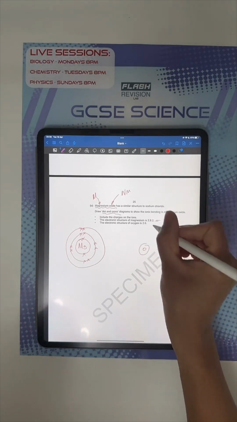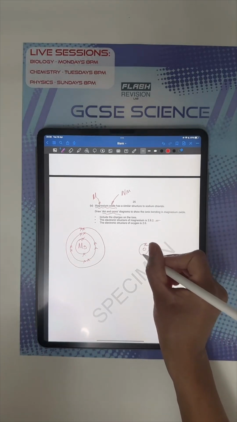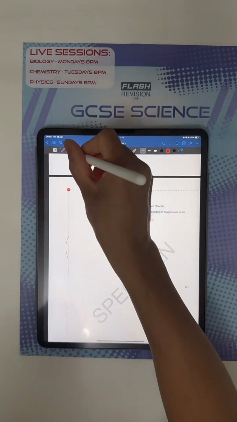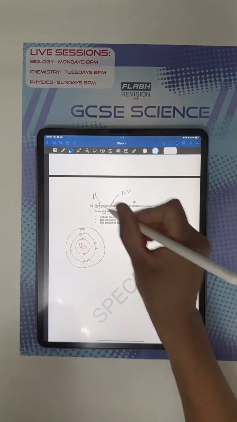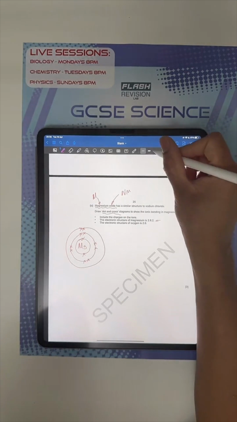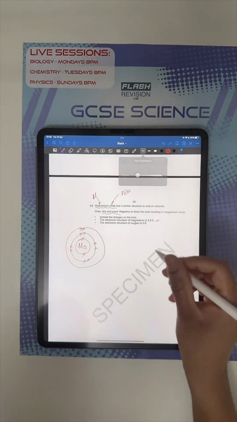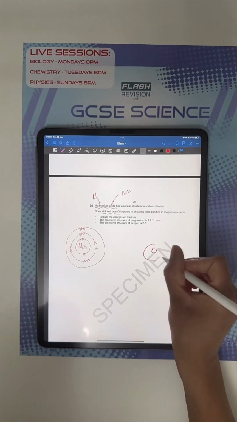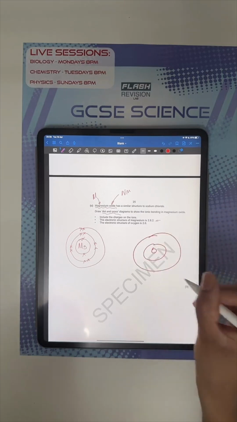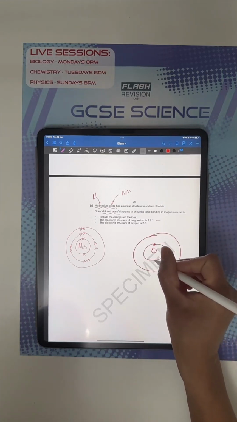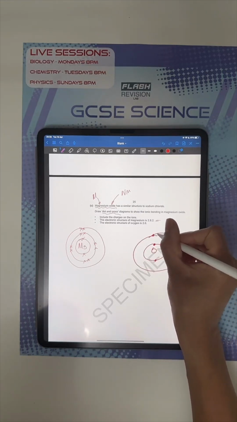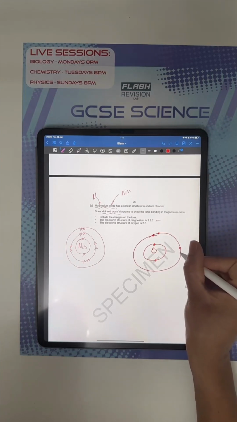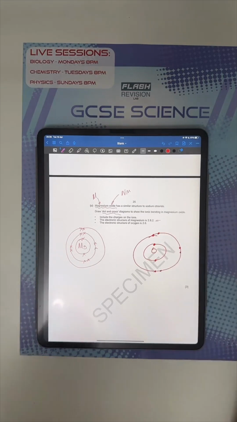Oxygen has 2, 6, so it's going to have 2 in the first shell. So let me draw it with dots, because obviously it's a dot and cross diagram. 2, 6.